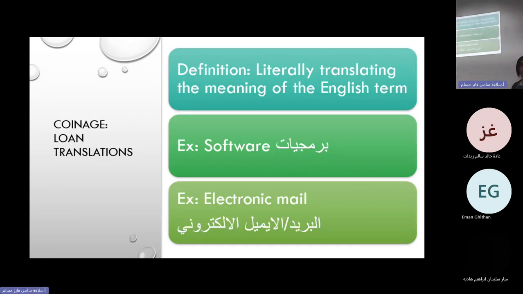Long translation, the last one. Derivation, istinbat, deductive reasoning, okay? And long translation. And this is a literal translation of the meaning of the source term, okay? Like software, برمجيات. Electronic mail, بريد أو الإيميل الإلكتروني. Okay?